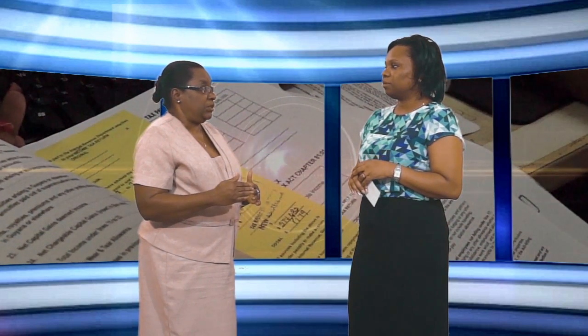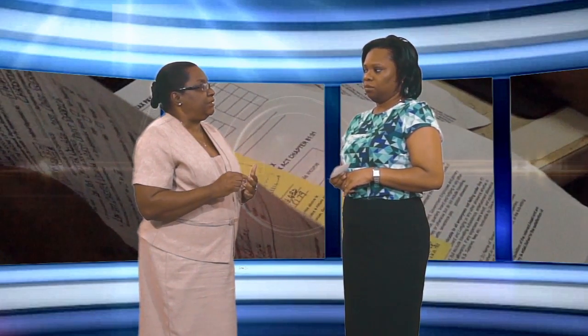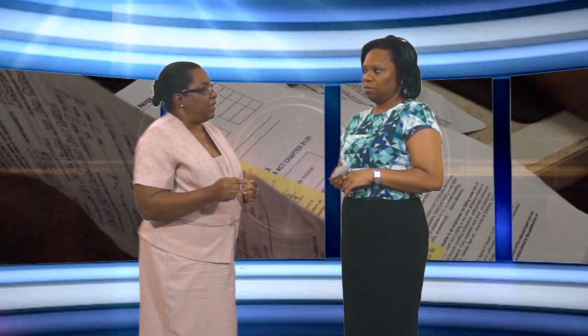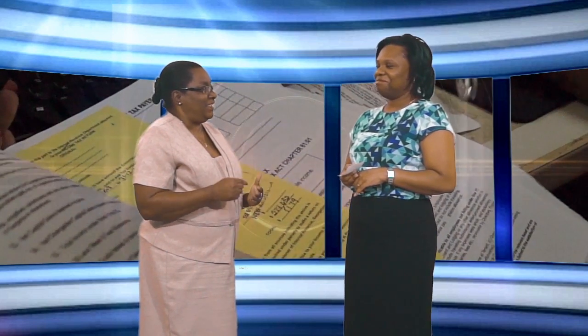That is how you arrive at $50,000, given that there are 12 months in a year. For a weekly paid worker, you simply divide 600,000 by 52 weeks, and that is how you arrive at the threshold.